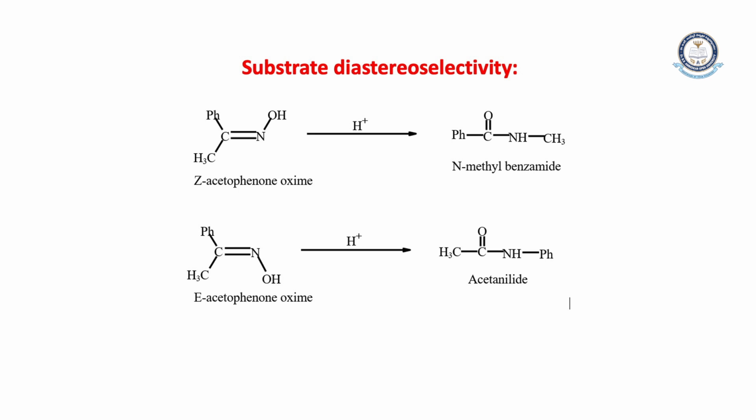H plus is going to the OH and removing water, and the group which is opposite to the OH migrates. In the first case the methyl group migrates, and as a result we get N-methyl benzamide. In the second reaction the Beckmann reaction is also going on, and as a result we get N-phenyl acetanilide. So we are getting two different kinds of reaction, right? This is called substrate diastereoselectivity. That's all about substrate enantioselectivity and diastereoselectivity.